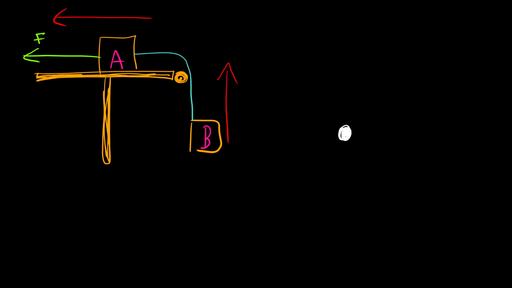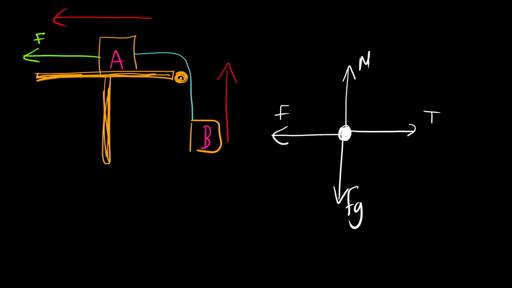The free body diagram of A will be force applied, normal force, gravity, tension, and also kinetic friction. And then for B, we have tension and gravitational force.